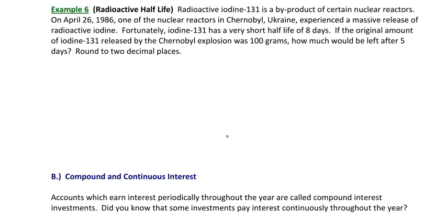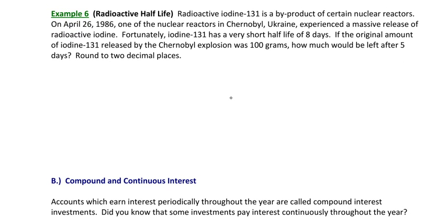Let's look at another one that's quite interesting that is based on an exponential model. Radioactive half-life. Radioactive iodine-131 is a byproduct of a certain nuclear reactor. So iodine-131 is an isotope. I just want to point that out because we've studied asymptotes, and sometimes those words get confused. So we're looking at an isotope of iodine.